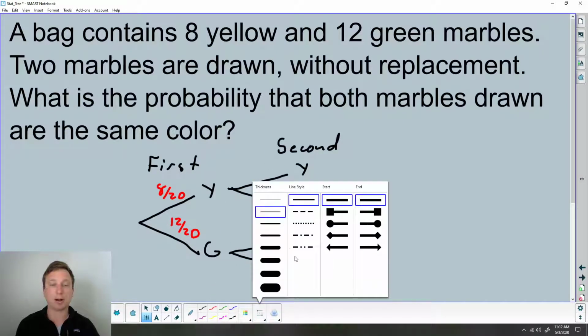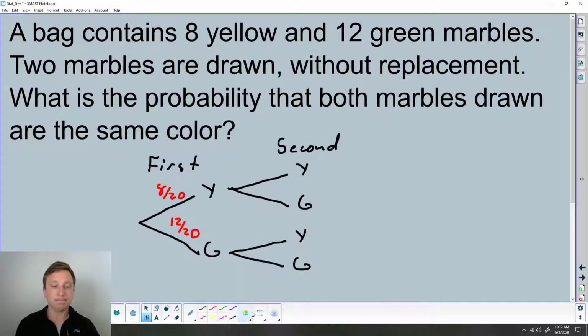So now let's put the probability on the second marble. If I drew a yellow on the first marble, now I have 7 left in the bag, and instead of 20 marbles remaining, there are 19 in the bag. Now, if I drew a yellow first, and I'm going to draw a green second, I have 12 green still because I didn't draw green. I have 12 green, and I still have 19 in the bag.